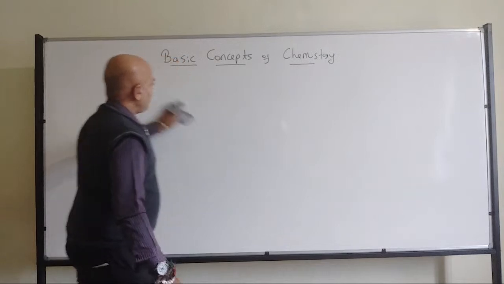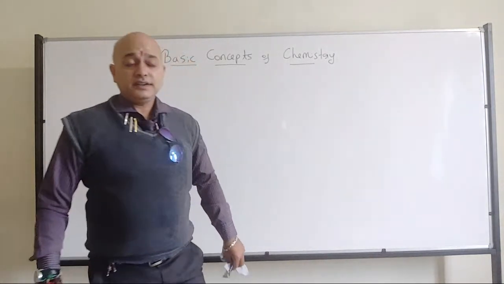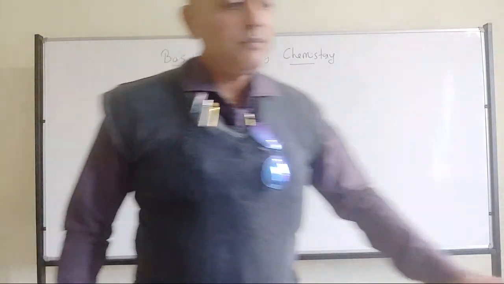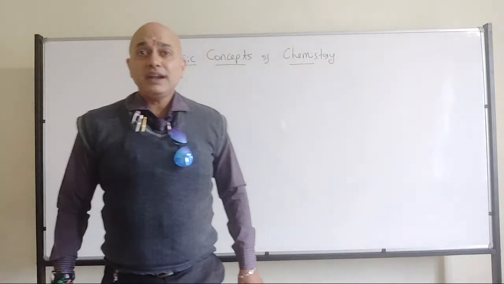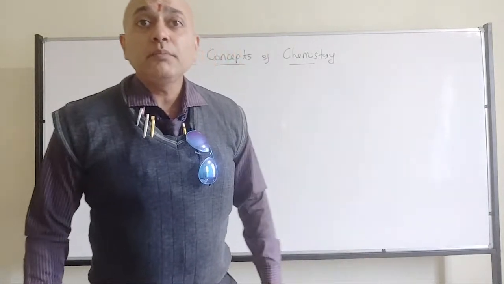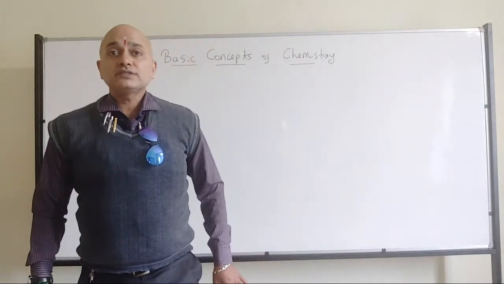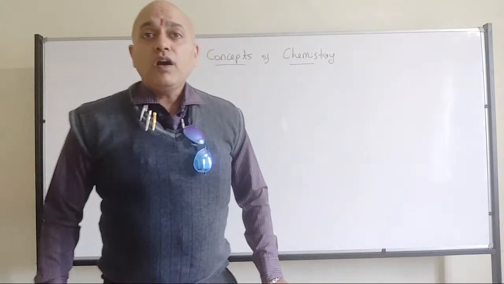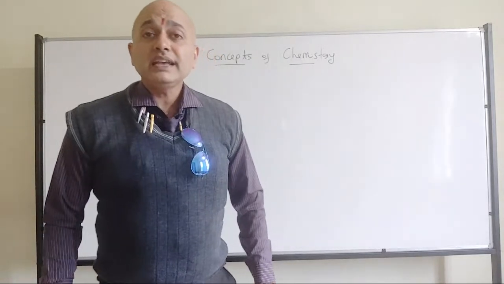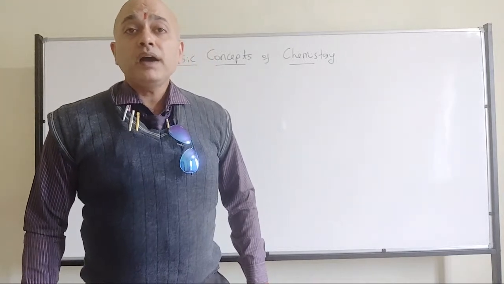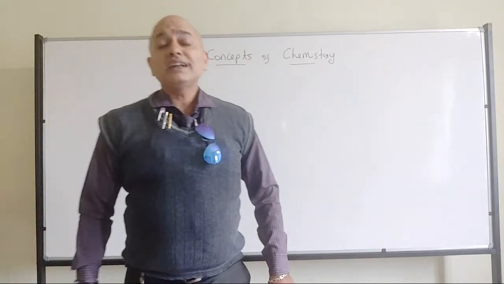Another thing: you should know the atomic mass of the elements so that you can calculate the molar mass. Please remember, in all the problems we have solved these days, we require atomic mass, then we have to calculate the molar mass, and only then can we solve the problem.